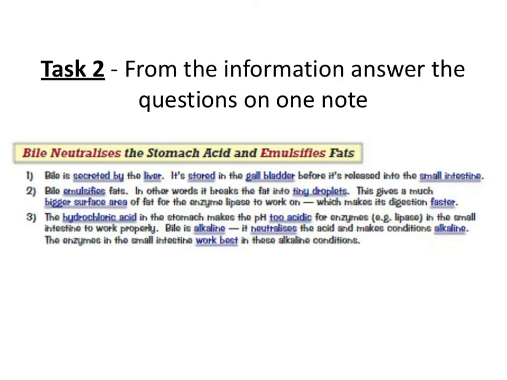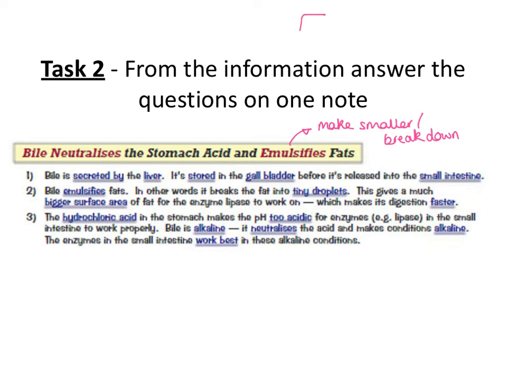Super. Then task 2, again there's information for you where you're going to answer the questions. I'll read through the information for you. It says, bile neutralizes the stomach acid and emulsifies fats. Emulsifies means it makes the fat smaller, but we can't really say breaks down, because we're not breaking fats down into anything else.